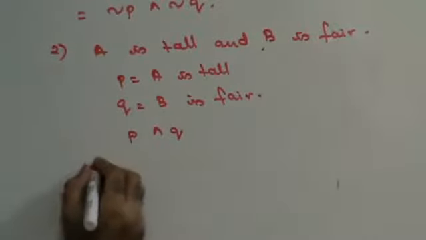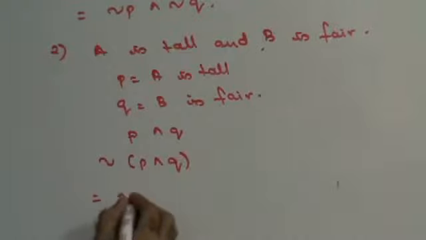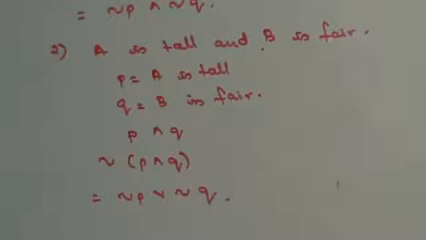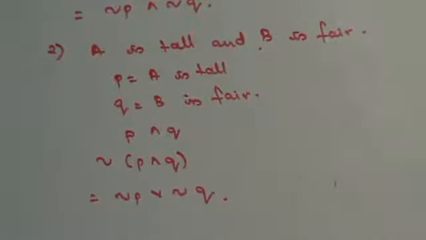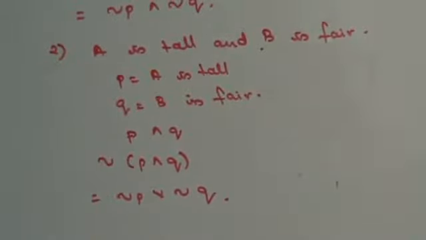Let's see the negation of this. Negation will be not of P and Q. That's not P or not Q. So the answer for that will be: A is not tall, or B is not fair.